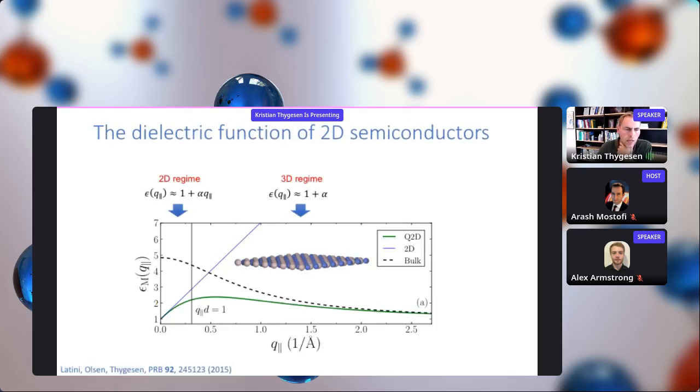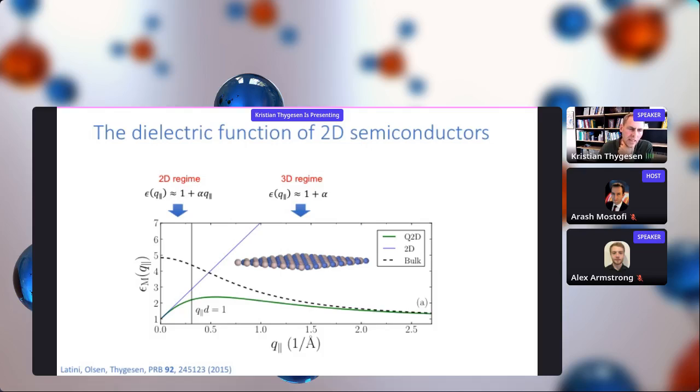So this graph here shows the static dielectric function of a 2D material. That's the green curve down here as a function of in-plane wave vector, and the dashed is for the corresponding material but stacked into a bulk material. You can see for bulk, we have this assumption that we always use, that the dielectric constant is basically q independent for small q.